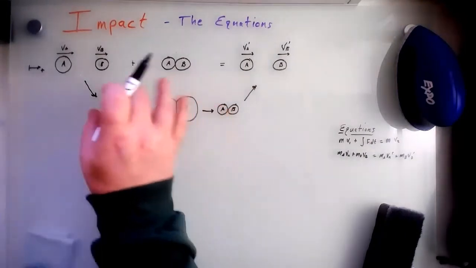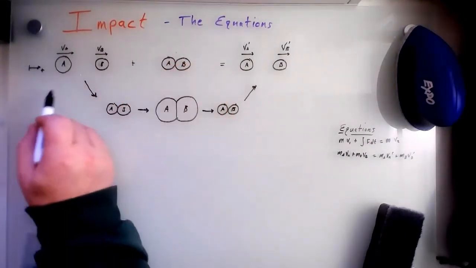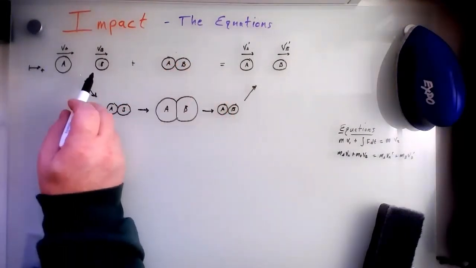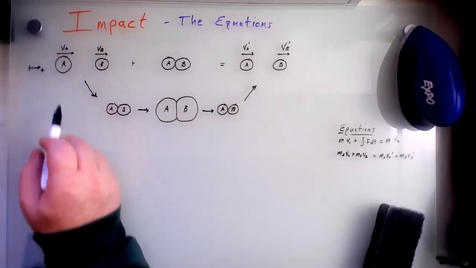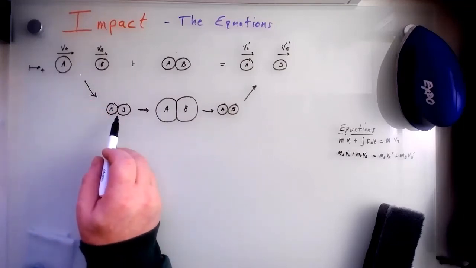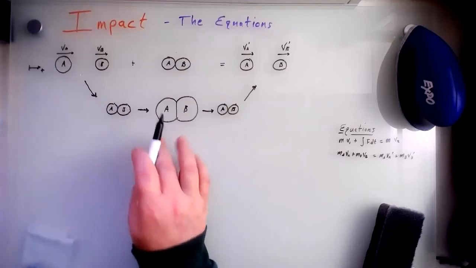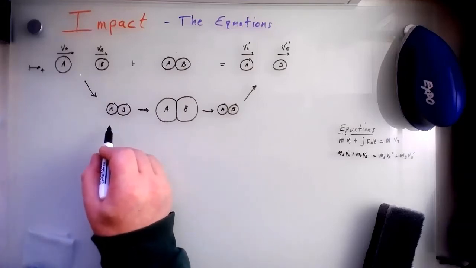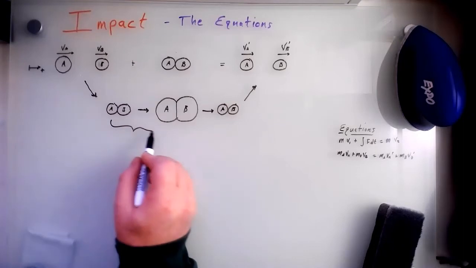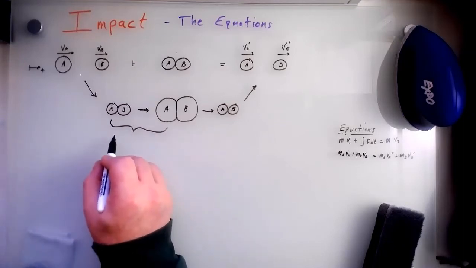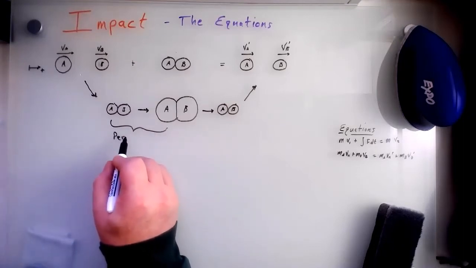And so if we expand the center, then we get there's vA, vB, then they make contact, then there's this period, and this period here is called the period of deformation.